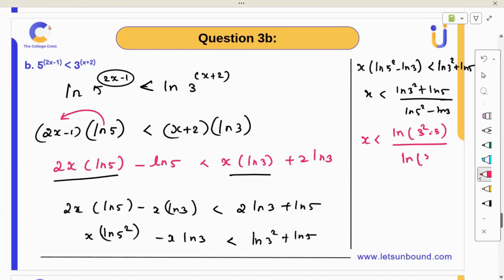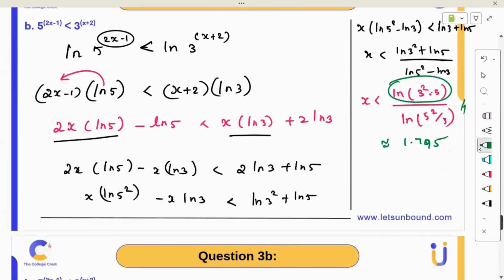So ln of 5 squared divided by 3. And you can solve for it. Don't write like ln cancel. So you have to give the values, and it will be approximately 1.795 something. Or you can leave it in exact form or to three decimal places.